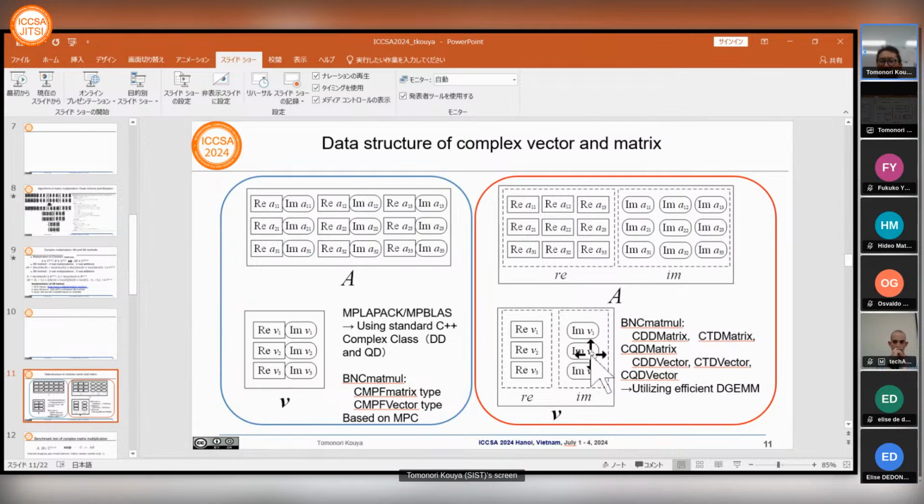So by storing them divided into real part and imaginary part in complex vectors and matrices, we can use simultaneous load and store functions to accelerate the complex linear computation.